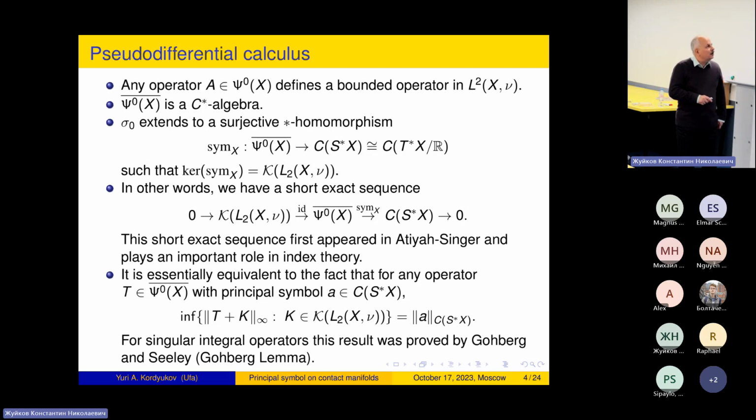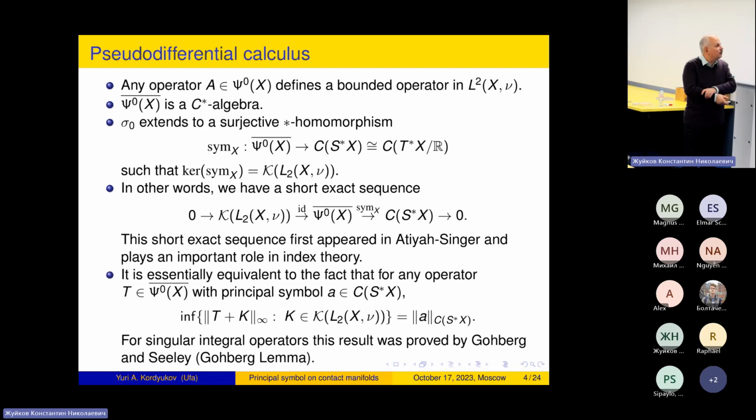So first, I will talk now about zero-order pseudo-differential operators. Then we know that each operator is a bounded operator in L2 space. And we may consider the uniform closure of the algebra of zero-order pseudo-differential operators. Then all these asymptotic expansions are lost, except for the leading term. And then the closure will be what is called a C-star algebra, a uniformly closed algebra of bounded operators.